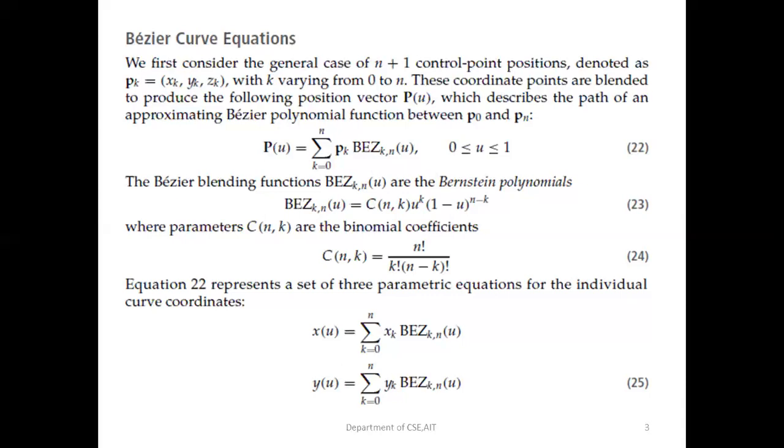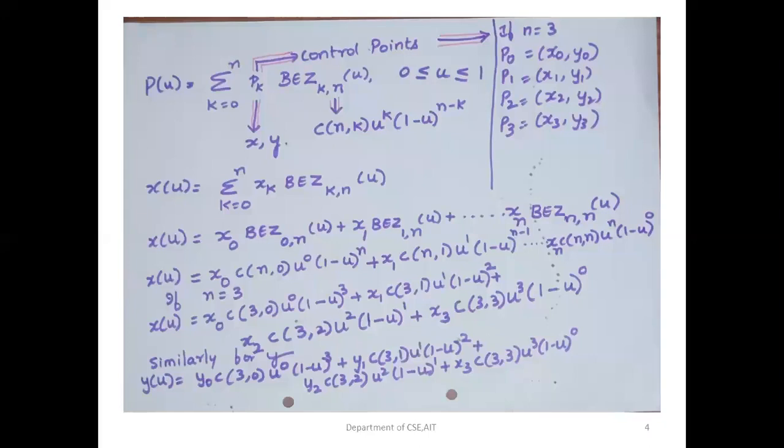These equations you have to remember when we go for the program also. The Bezier curve equation is very significant here. By using this P of u only, I am going to compute the values of x and y. So this is how it is done.